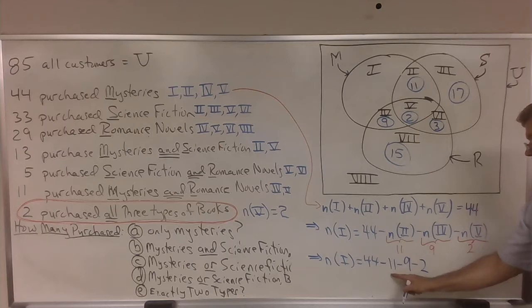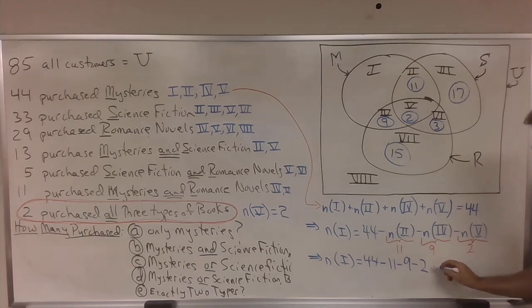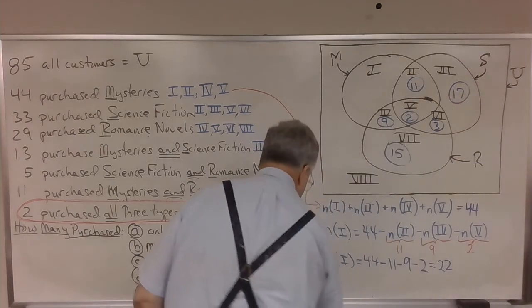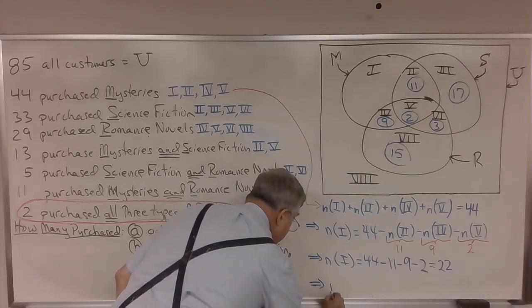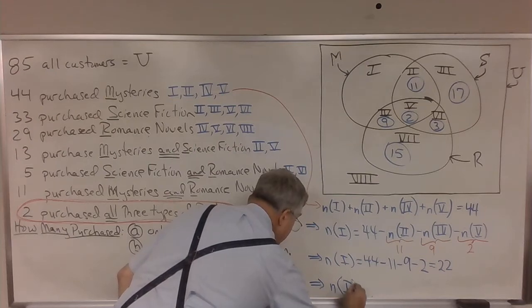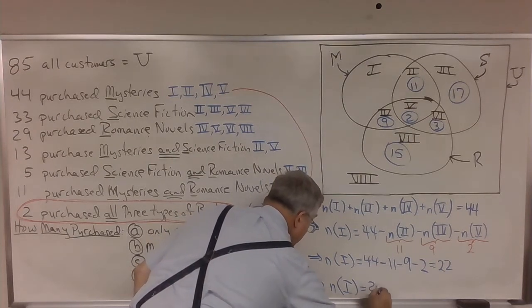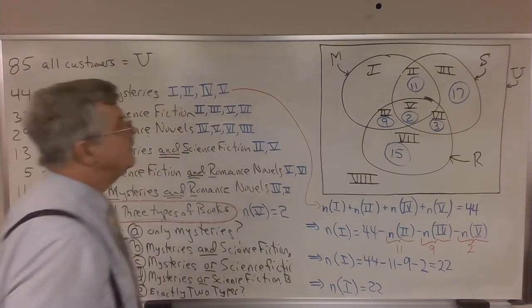So 44 minus 11 is 33, minus 9 is 24, minus 2 is 22. Number of people in region 1 is 22. Okay.